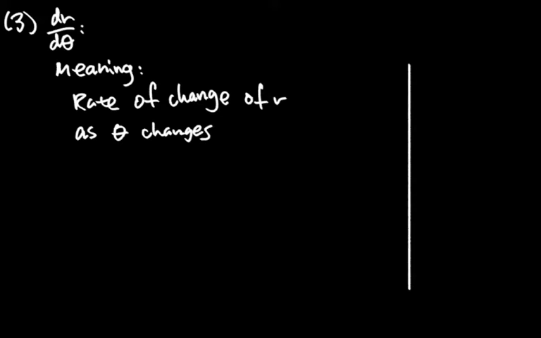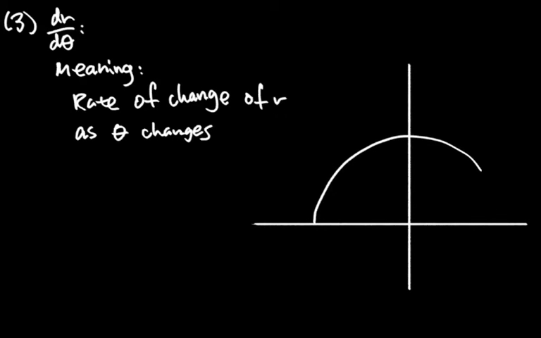So if we have a polar function like, let's say, something like this, then we're really looking at little slices like this. If we have a small change in theta, how much is r changing?